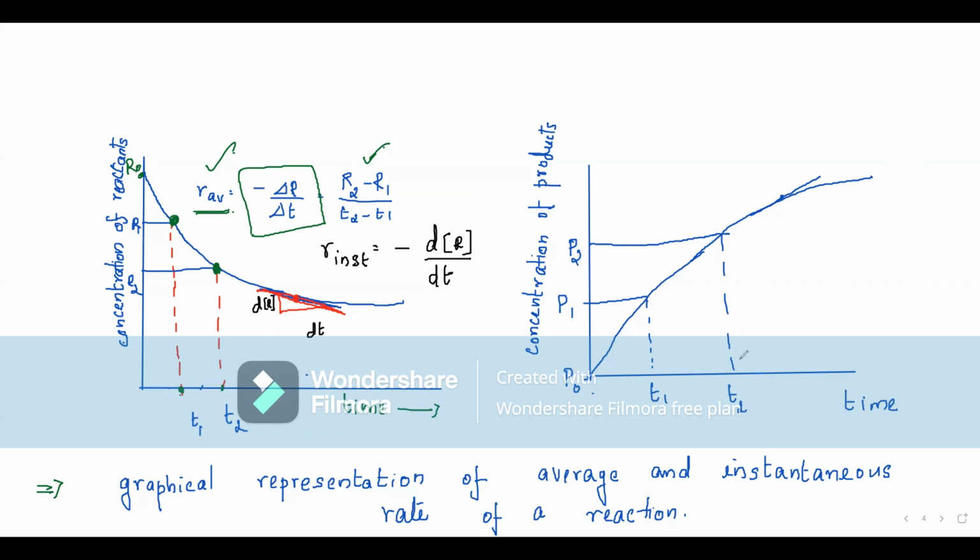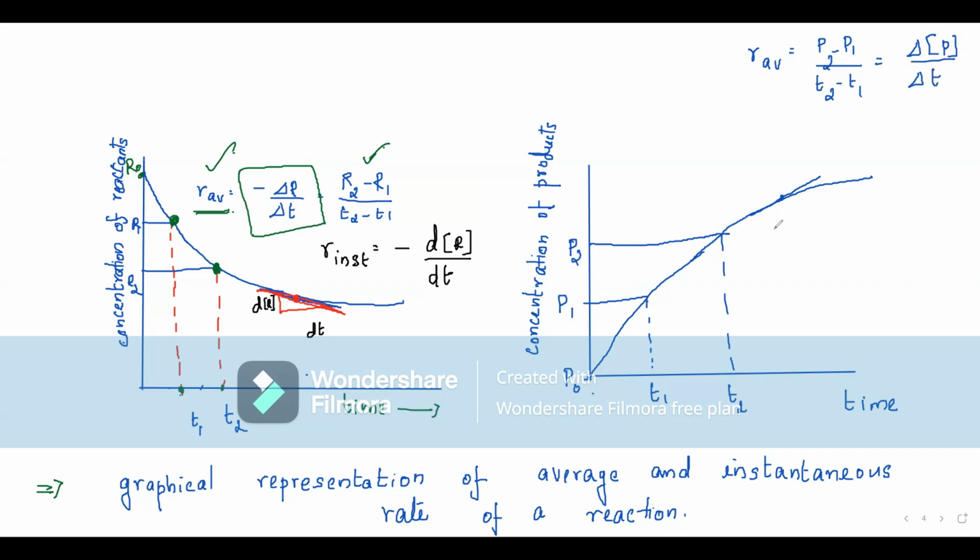At time T2, P2 is the concentration of the product. So our average rate is equal to P2 minus P1 divided by the time taken, T2 minus T1, which is delta P by delta T.